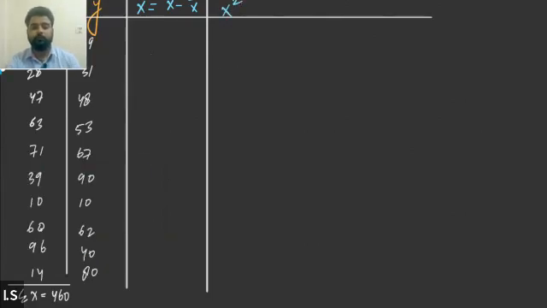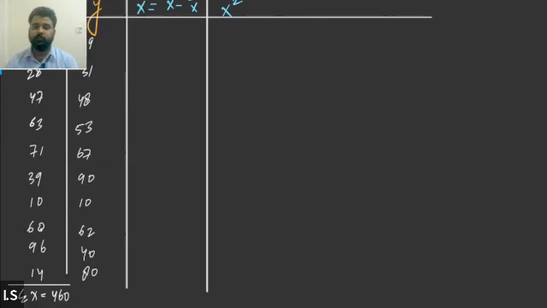So you can do that now. You can find the deviation x minus mean: 32 minus 46, 28 minus 46, 47 minus 46, right? Yes. I'm skipping that for now because you can do this, so I'm moving to the next part.